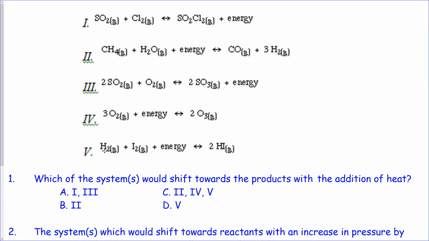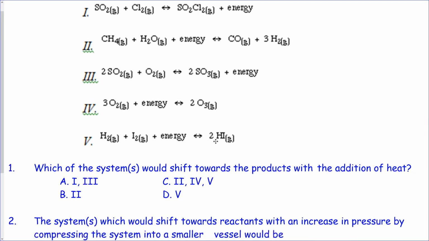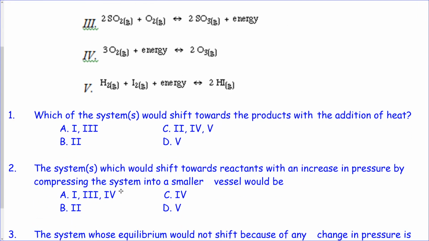For number 5, I have 2 and 2. In this case, it doesn't shift at all. So there is only one reaction here where an increase in the pressure will shift the reaction toward my reactants, and that is number 2. So B is the correct answer.